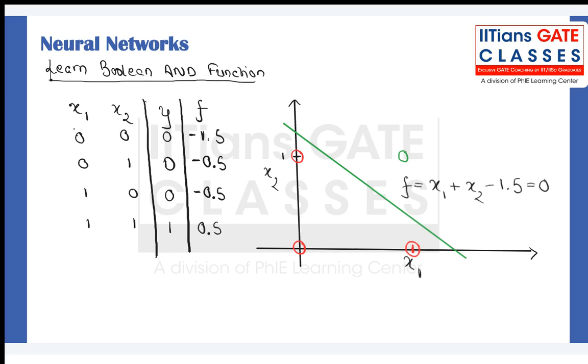But now see, the value of f is some arbitrary number, which is something that I don't want, right? Because if I tell you the value of x1 is 0 and the value of x2 is 0, and you AND them, the answer is minus 1.5. Someone might ask you, what the heck is this? So what will you do in this scenario? If you have understood the non-linearity function in the previous slide, I introduce the threshold function here.